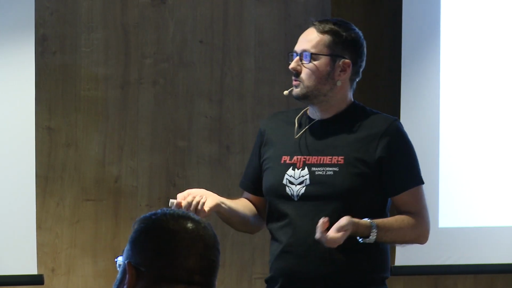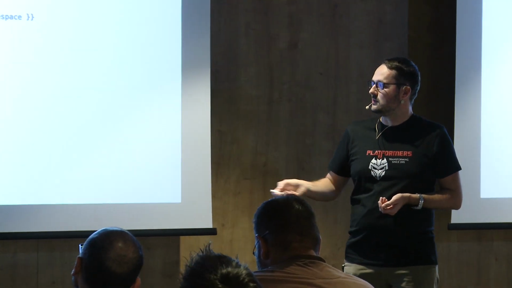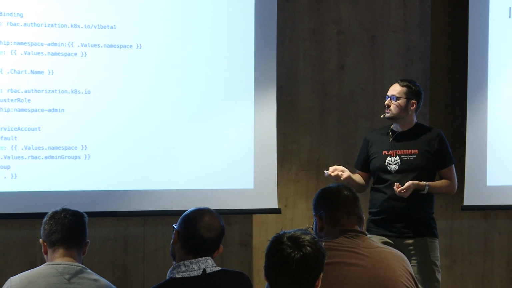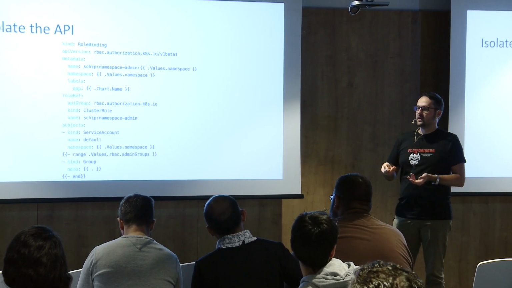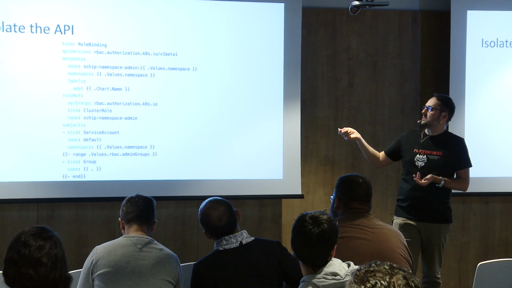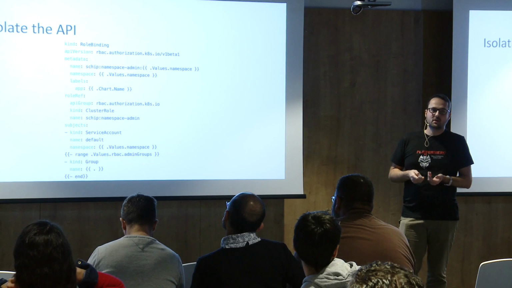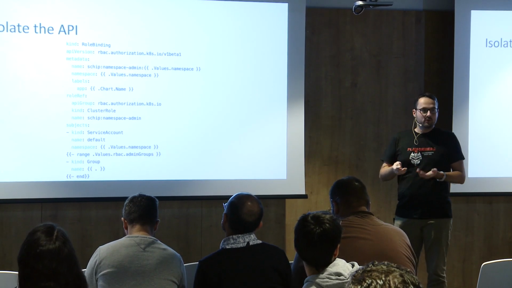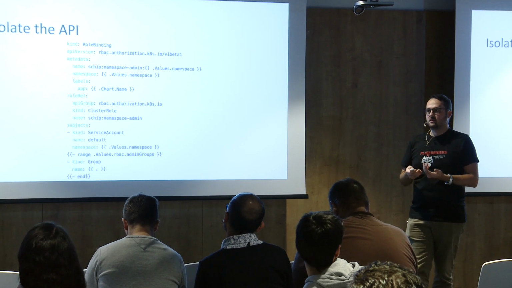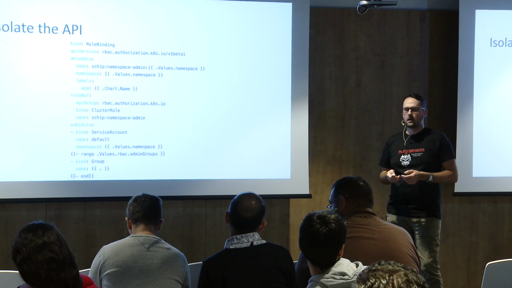Then we just need to bind the given administration group to the namespace administrator. End of the story. We have the role definition, which defines the namespace admin, which grants privileges for this exact namespace. So there we have isolated the user using the API, and they cannot deploy in another namespace.